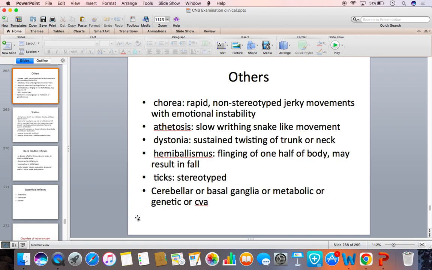Chorea is more common in the proximal muscles. Athetosis is more commonly seen in the distal muscles. Dystonia is a sustained twisting of the trunk or neck. Hemiballismus, flinging of one half of the body, may result in a fall. Tics, stereotyped, fine, repeated movements.